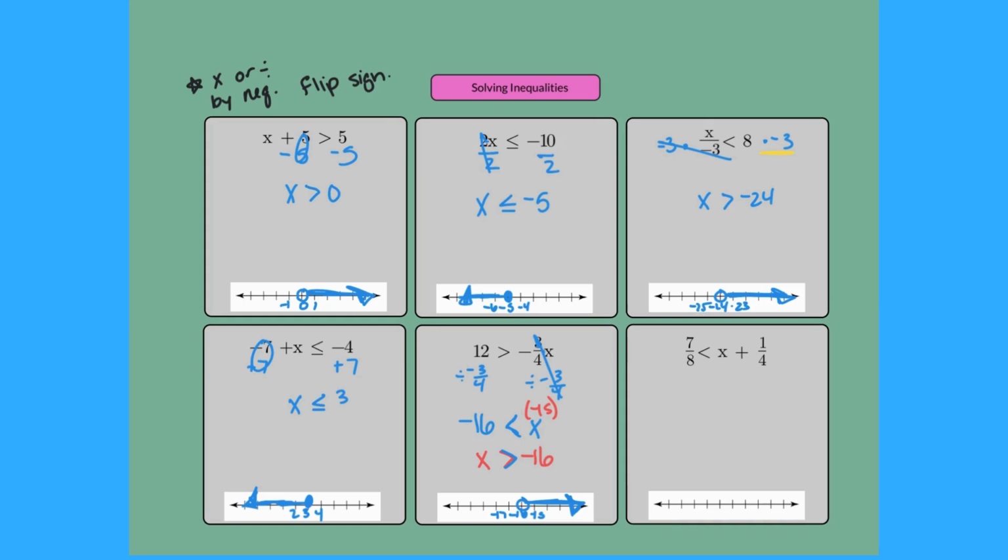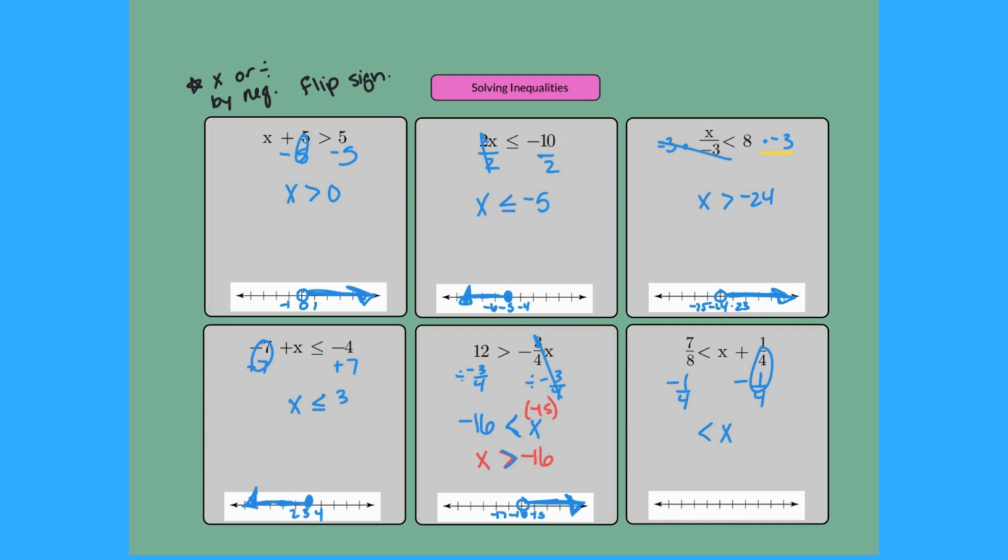And our last one, we are adding 1/4, so the opposite of adding is to subtract, so we're minusing 1/4 from both sides. Remember, one's from the left of the inequality and one's from the right. This makes 0. Everything has to come straight down, so the x comes straight down. I did not multiply or divide by a negative, so that sign is going to stay just as it is.